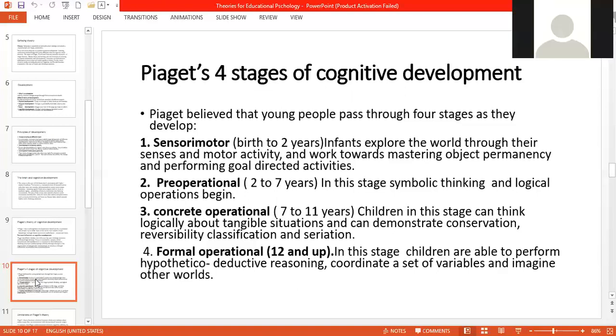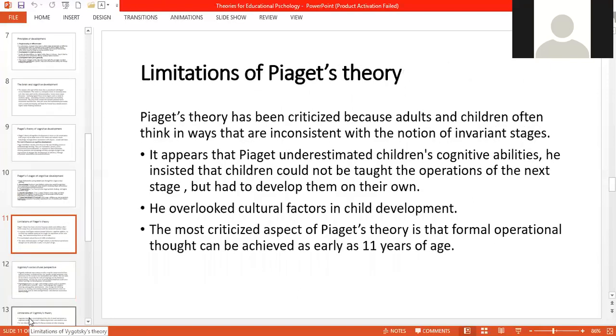So now we're moving on to limitations of Piaget's theory.